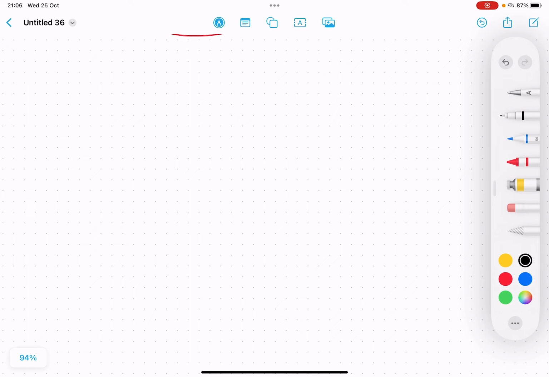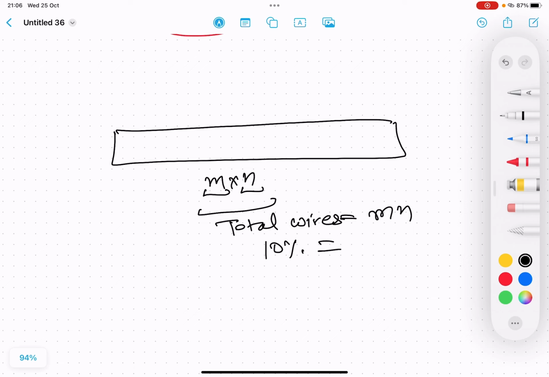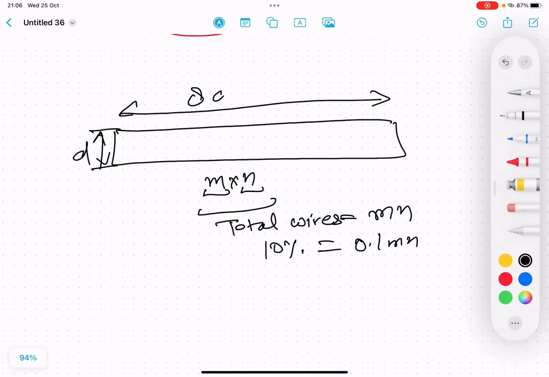I am repeating this. A wire having m into n construction means m strands and each strand having n wires. The total number of wires is mn, and 10% of that is 0.1 mn. If the diameter is d, then the length becomes 8d.